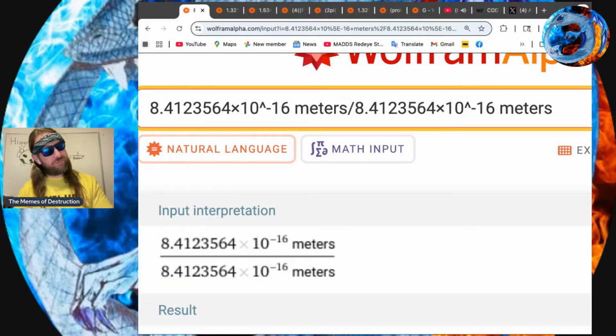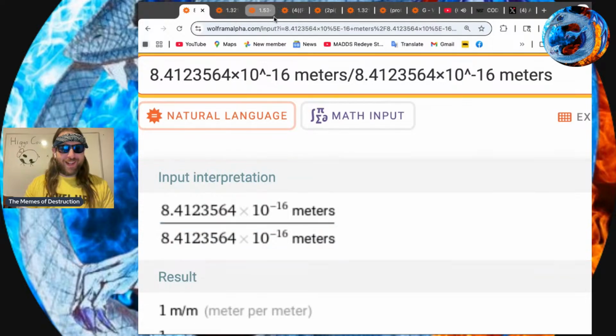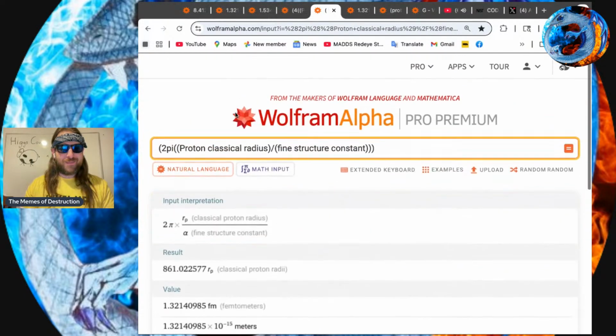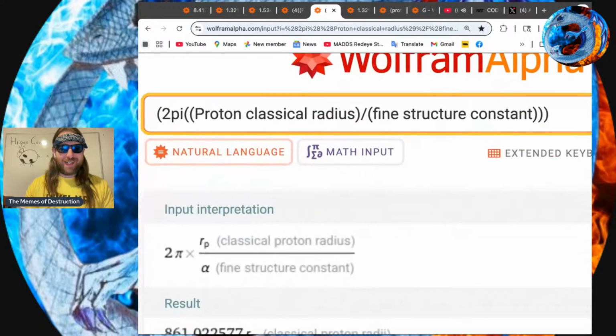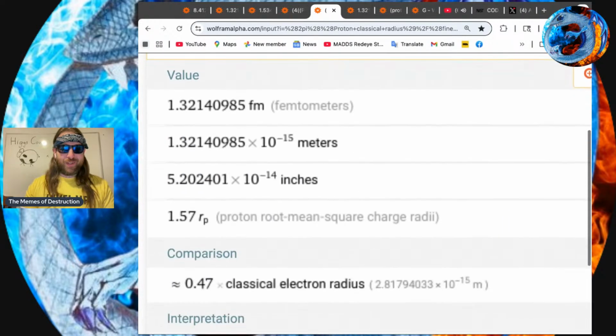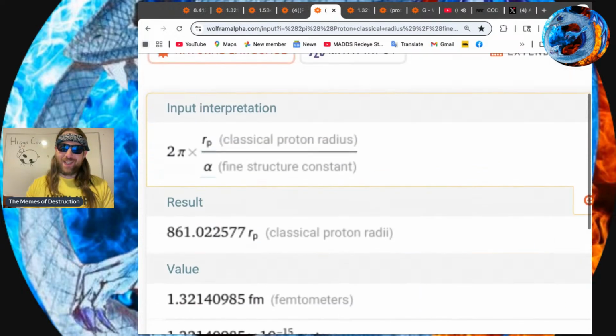And then that could be confusing. Okay. So it appears that when we skip ahead, this is what we get. So this is the Compton wavelength if we're using the classical thing. So it's literally, rather than 4, it's 2 pi.